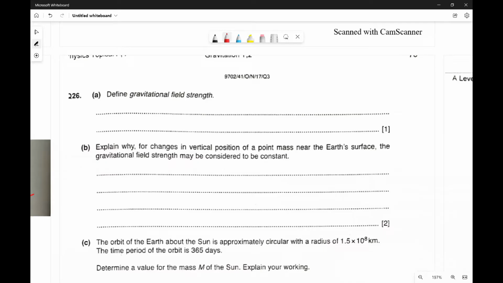Let's just cover 2 points: it's force per unit mass exerted on a small object placed at a point. In short, we say force per unit mass acting on an object placed there.